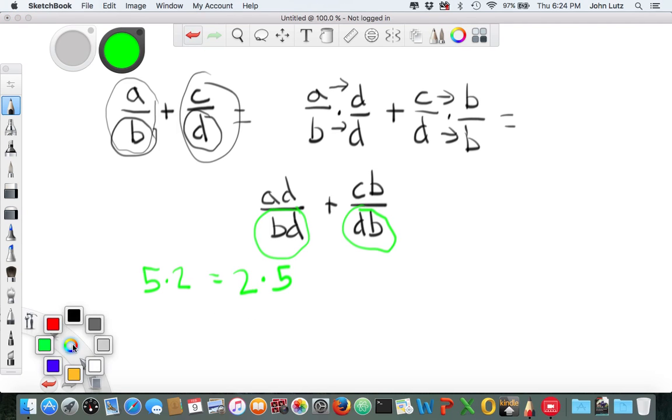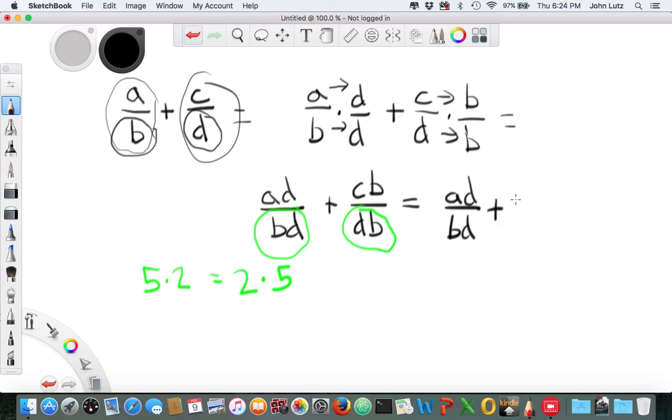And what makes that nice for us right now is that this is going to end up being ad over bd plus cb over bd, right? I've taken these two and I've just switched them around using the commutative property of multiplication.